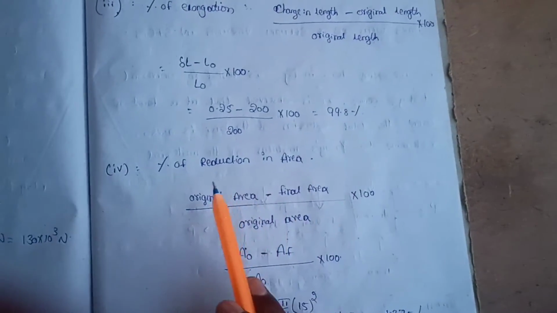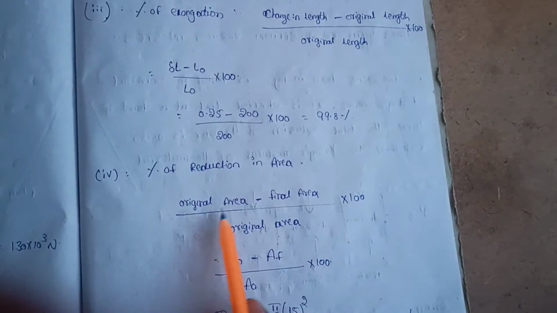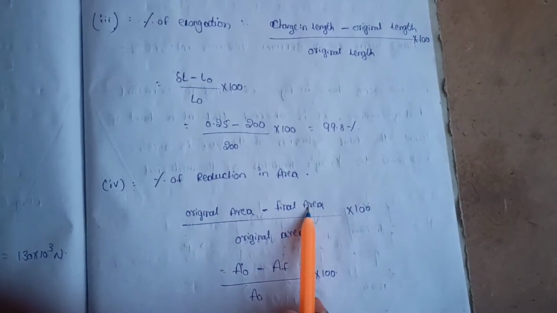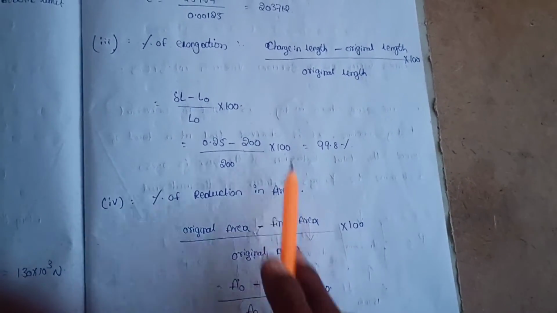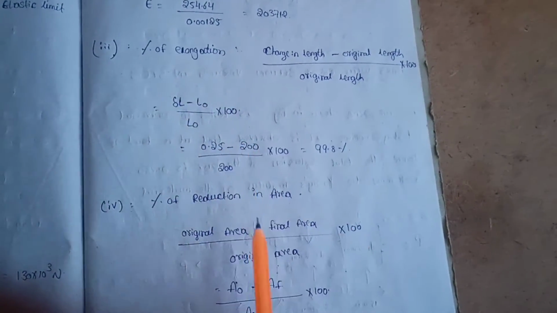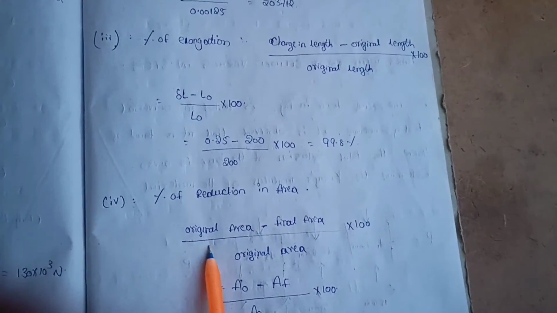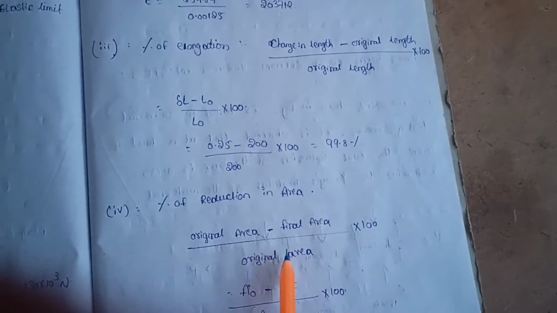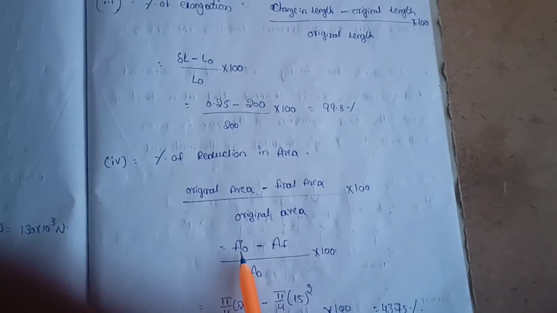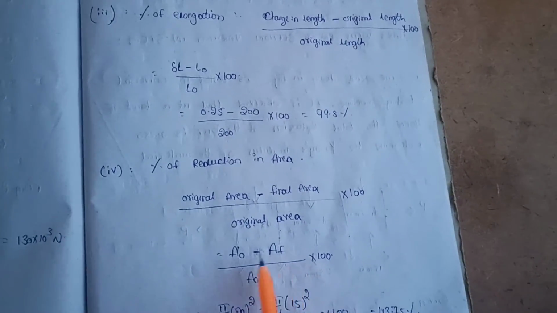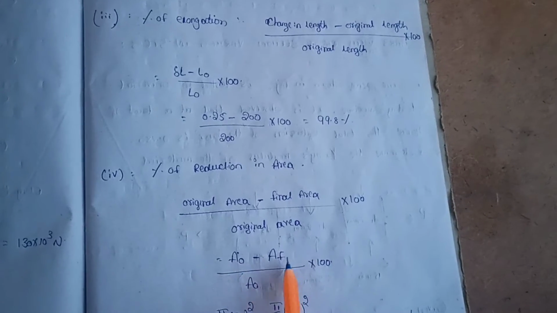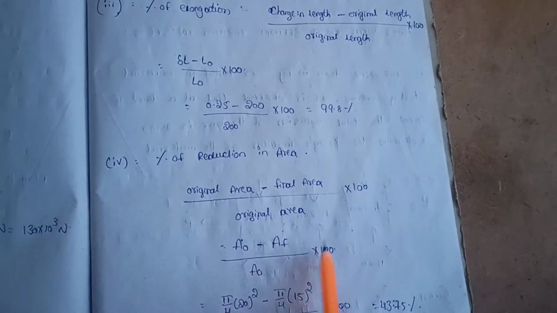So next, percentage of reduction in area: original area minus final area, because we are talking about area here, while for elongation we talk about length. So original area minus final area by original area into 100. Here AO minus AF indicates original area and final area by original area into 100.